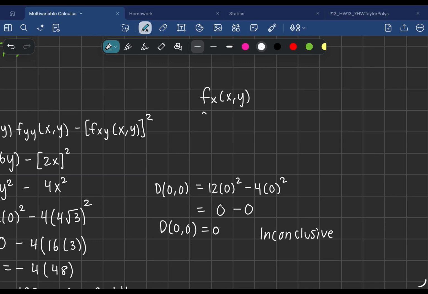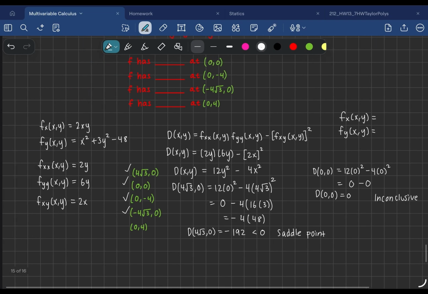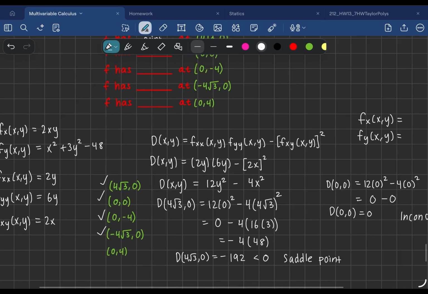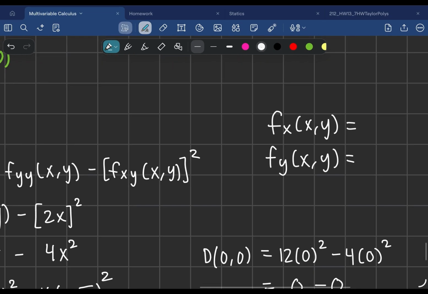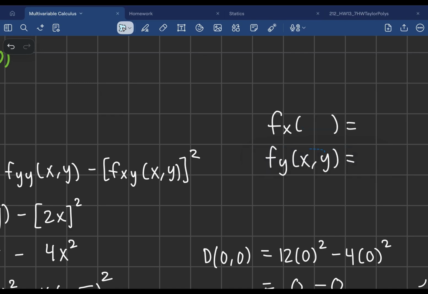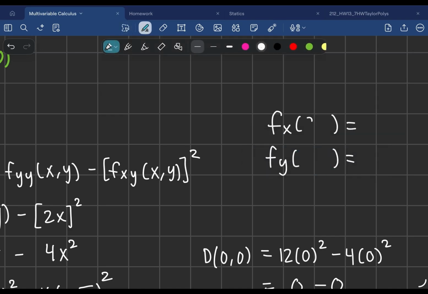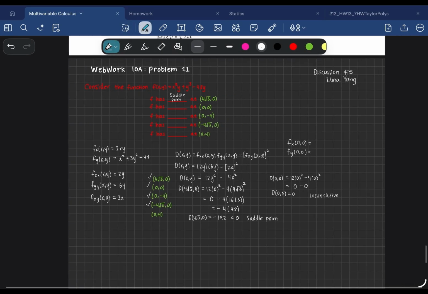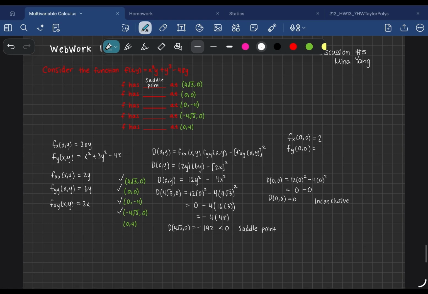So you're just going to plug the points into your first partials, which you're going to write. So here, f sub x, let's just replace that real quick. At 0, 0, f sub x is 2 times 0 times 0, which is 0. Okay, that works.